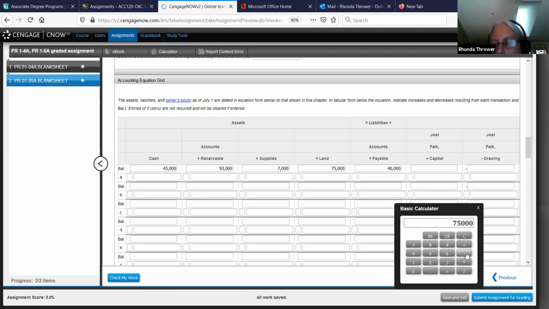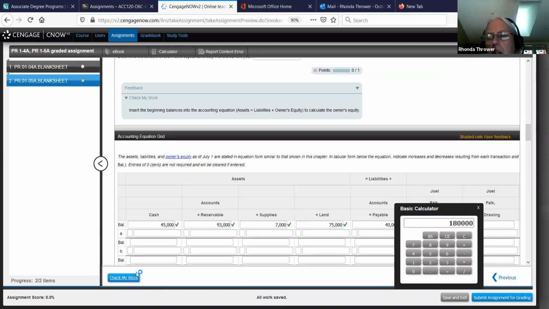And then what I'm going to do is I'm going to subtract from this total the liabilities, which is $40,000. And what that's going to leave me with is $180,000, which is the beginning capital for Joel Polk capital.